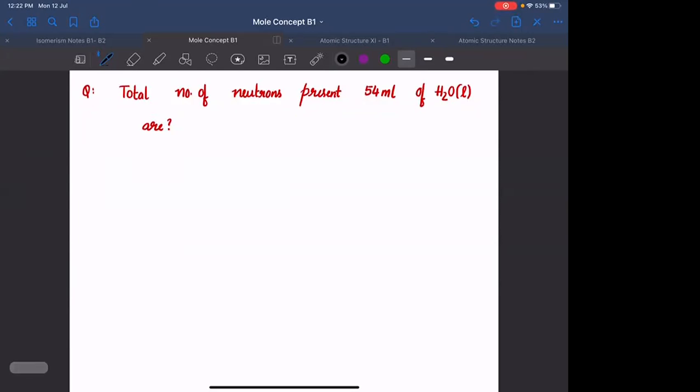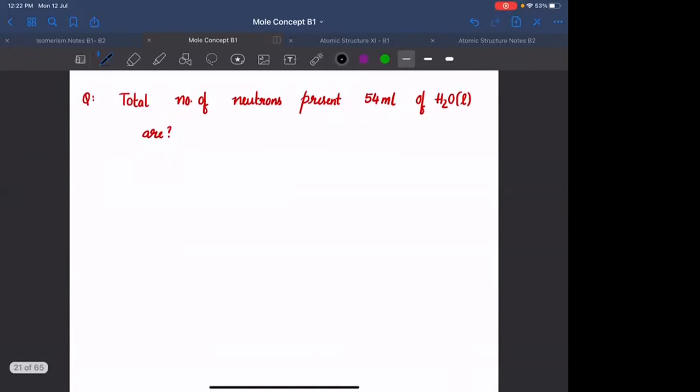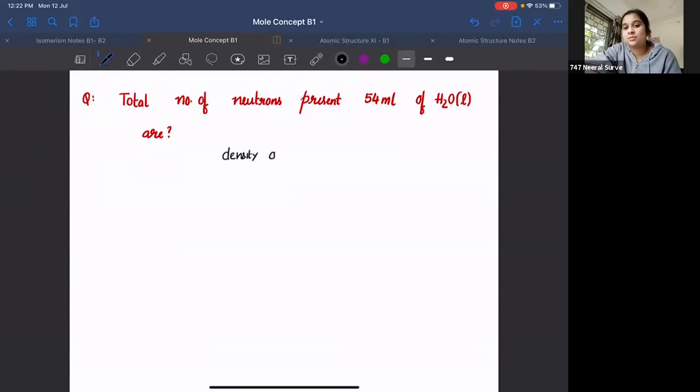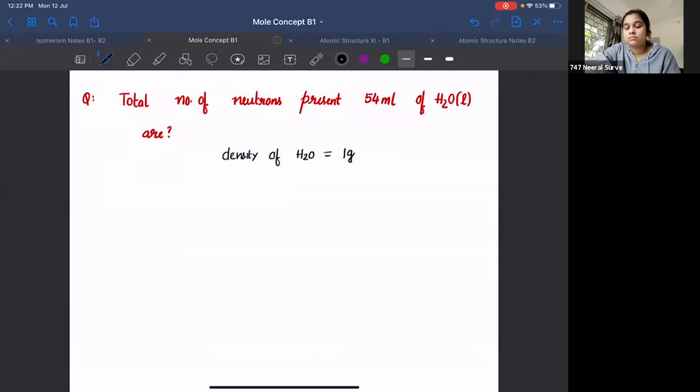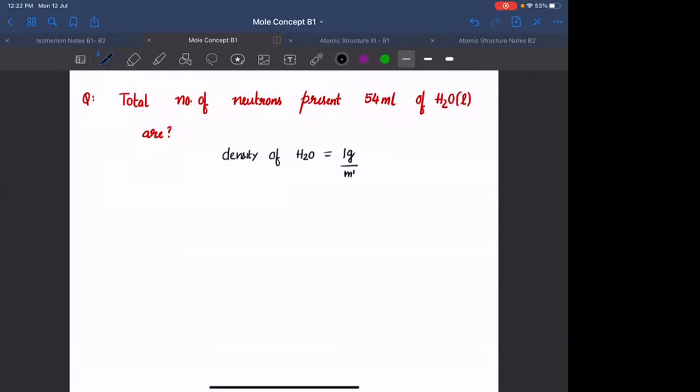Answer. What is density of water? I hope every one of you know this. What is density of water? 1 gram per milliliter. It is 1 gram per ml. That means 1 ml has a mass of 1 gram.